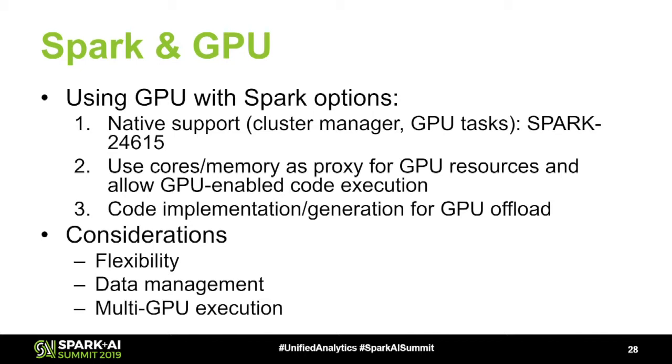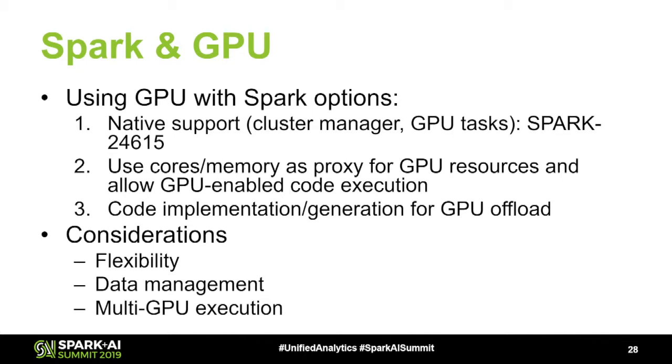And this also means that tasks that get scheduled have this first-class notion of GPU awareness. This is super complicated and a lot of work is involved, so it will be a while before this is completely done and made available. In the meantime, there have been workarounds, or other projects have taken different approaches, and those are options 2 and 3 listed there.